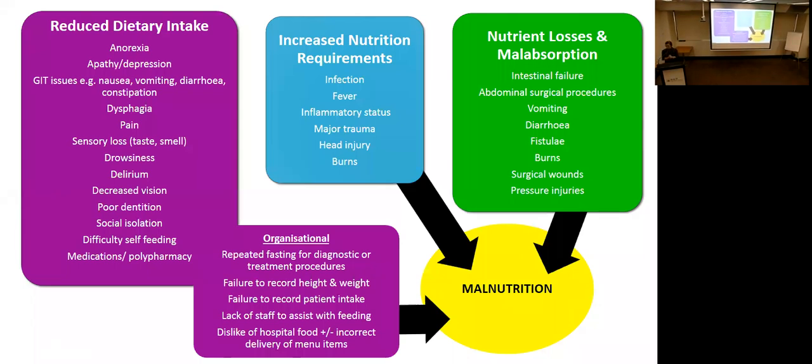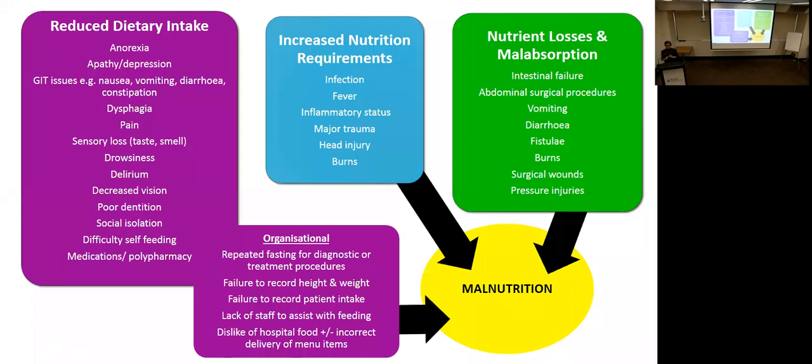So how does someone become malnourished? The basic answer is the person is not meeting their nutrition requirements. It's multifactorial as to why that patient's nutritional needs are not being met by the amount of food they're eating. The first and obvious one is a decrease in their oral intake, and that's multifactorial as well.